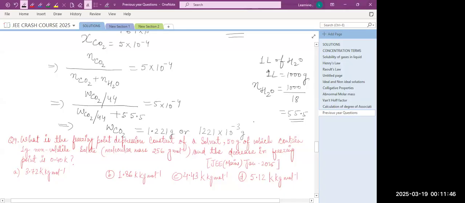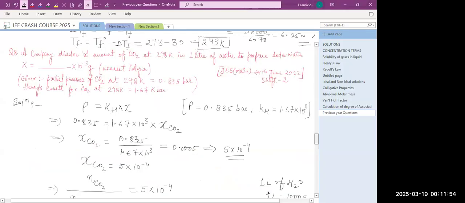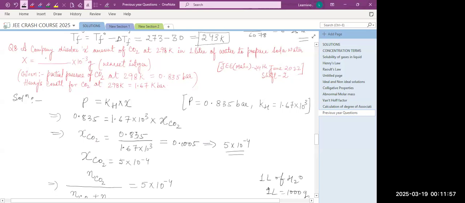So the mass of carbon dioxide in 1 liter of water will be 1221 into 10 to the power minus 3 grams. So what will be the value of x? x will be this 1221 into 10 to the power minus 3 gram. Clear?